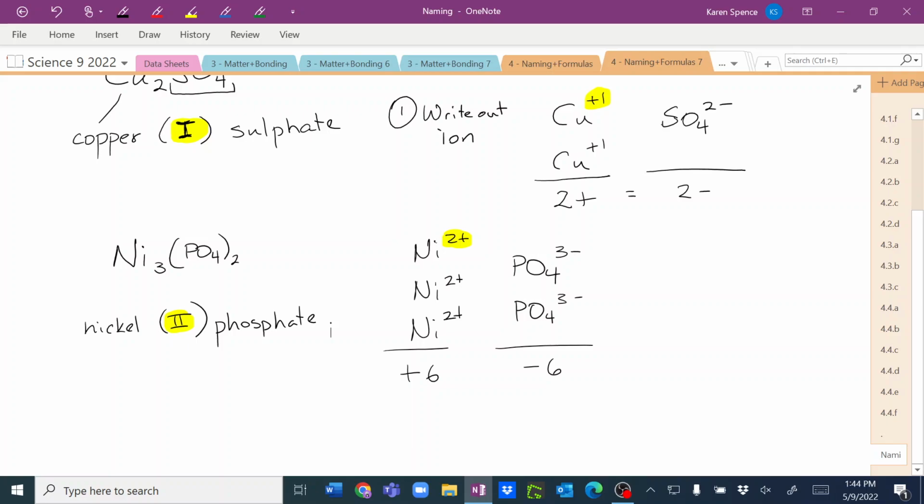Oh, phosphorus. Okay. How many carbonates do you have? 1. If you had 3, it would look like that. But you don't have that, so you just have 1. Okay?